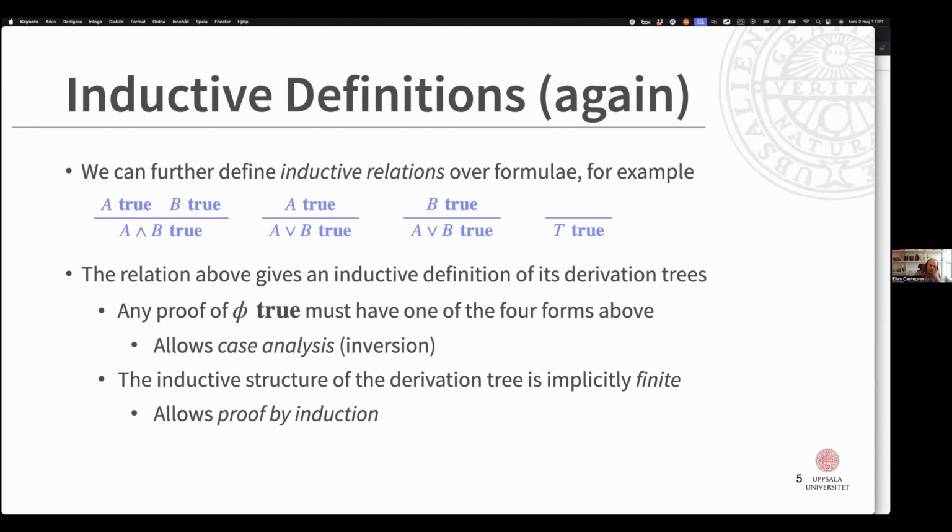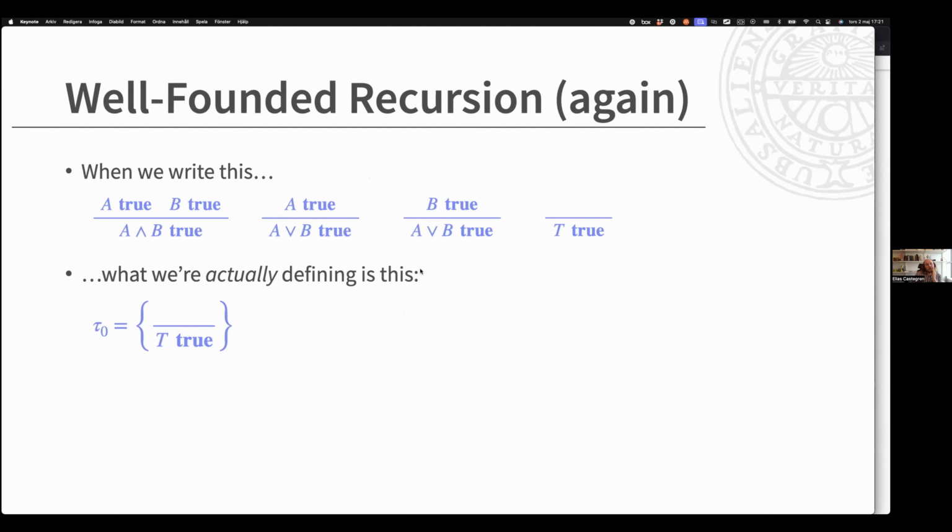So let's do the same exercise that we did before. I would claim that when we write these rules like this, what we're actually defining is a hierarchy where, let's call the trees tau, we have tau 0 containing only this tree, that is just the root T true and no children.